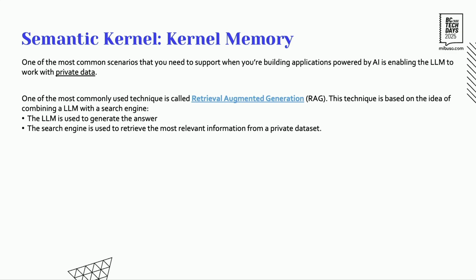You cannot pass the content of an entire document to an AI model and say, okay, can you answer this question? Because the content of a document can be much, much bigger than the context window of the model.